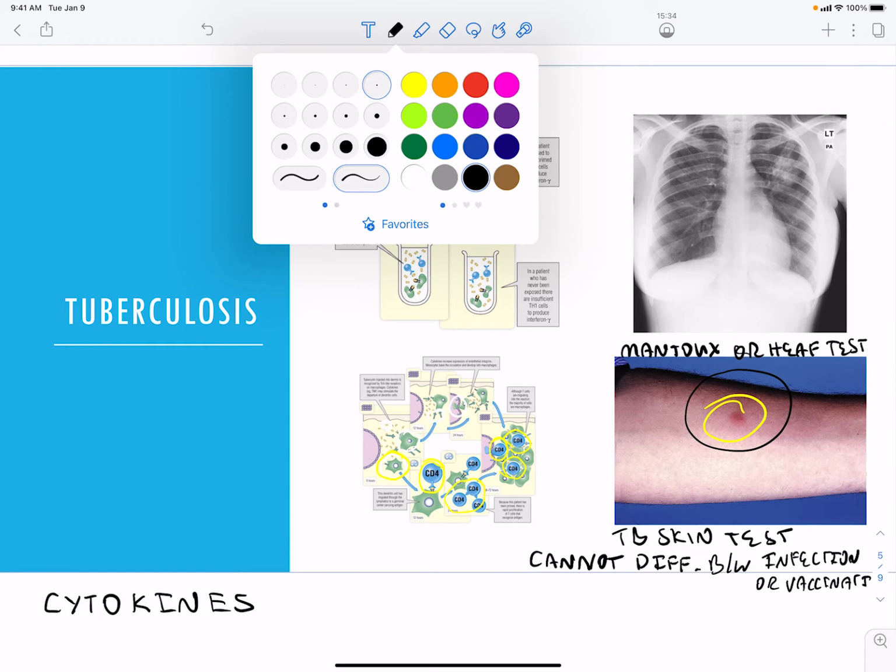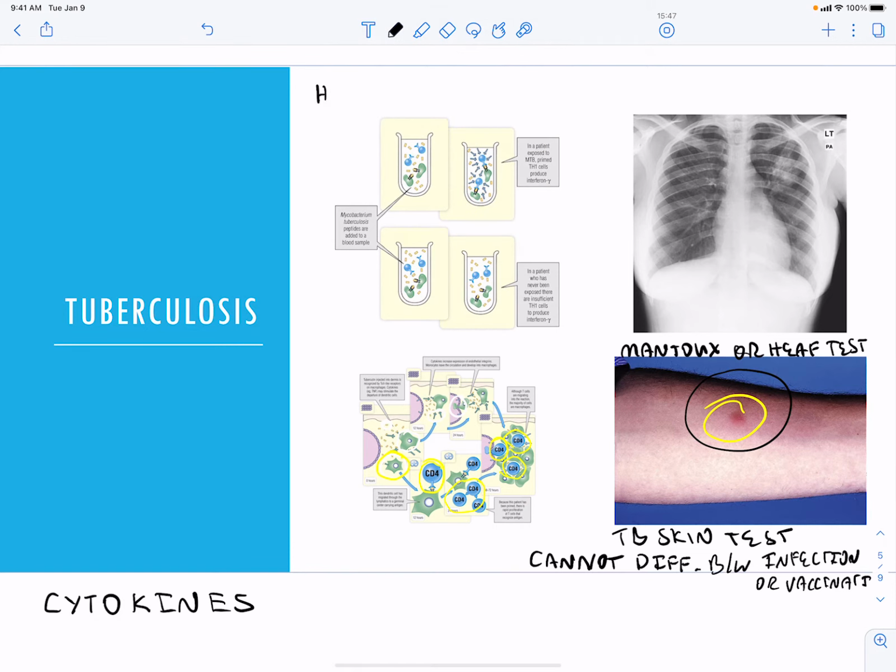There is another test, and this is a little bit more involved, but it can give you a little bit better information. There's the Heuer test. And so this is going to screen for TB activity. So it's looking at the immune function.